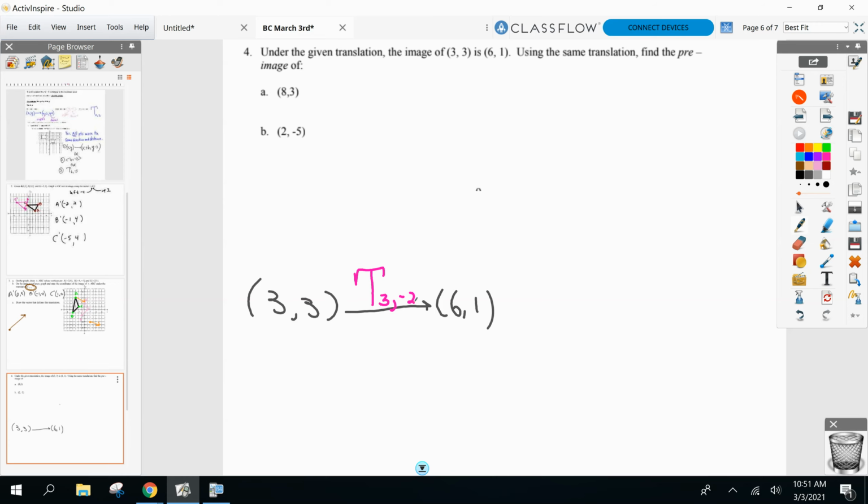Do you guys understand the directions at home, what I'm looking for? All right, I ended at 8, 3 using the translation rule there, 3, -2. Where must I have started? All right, that's what I'm going to ask you guys. So think about that right now. Where did I start? I used 3, -2, and those are the 2 points I ended at.